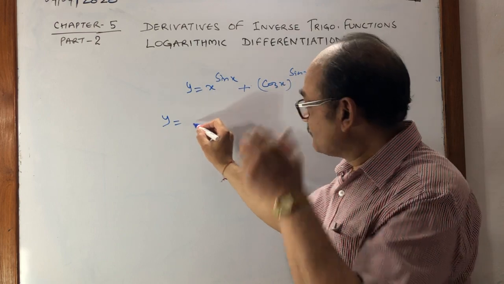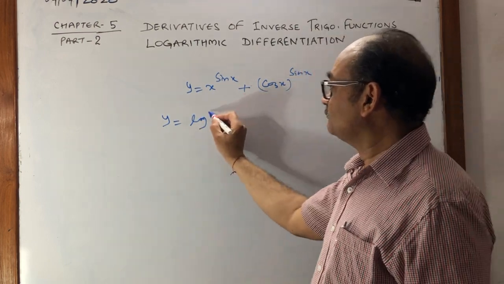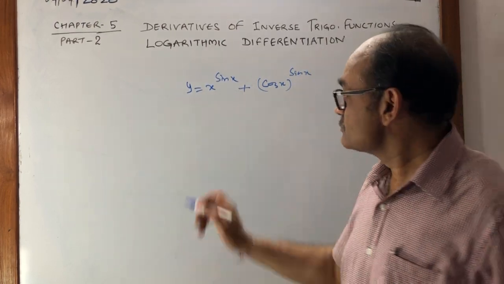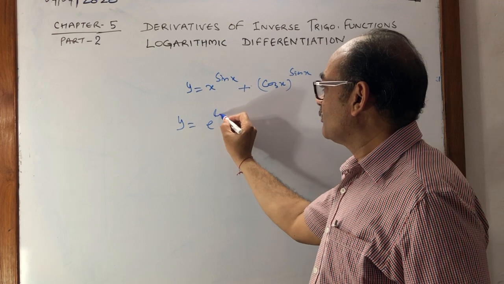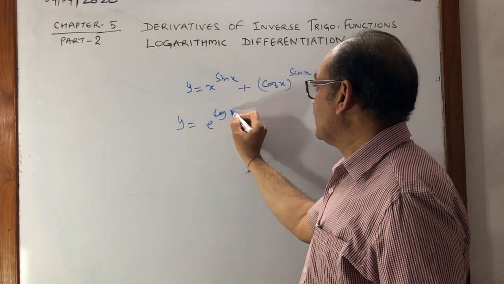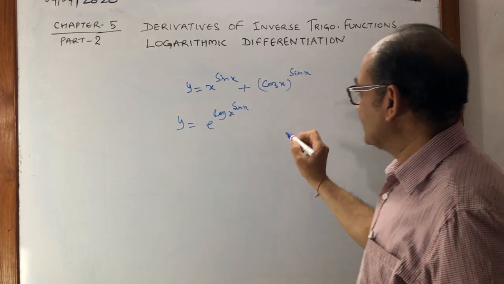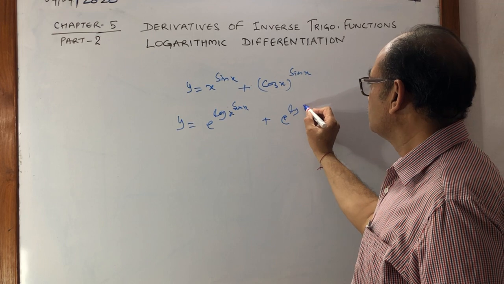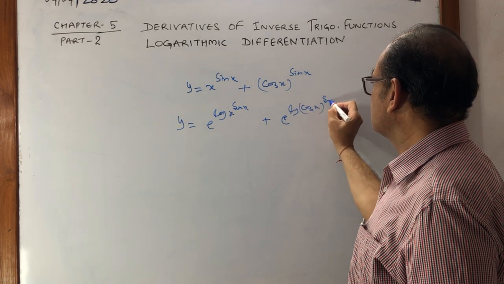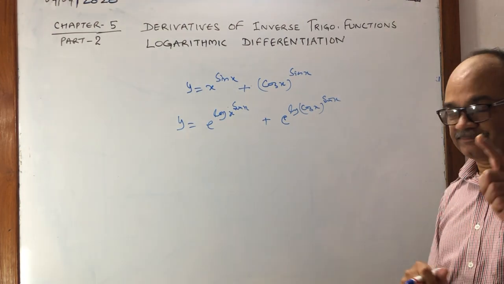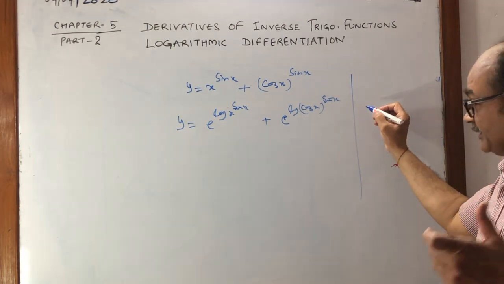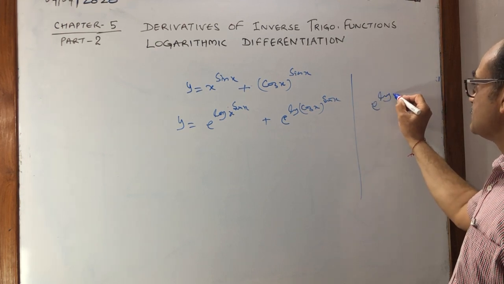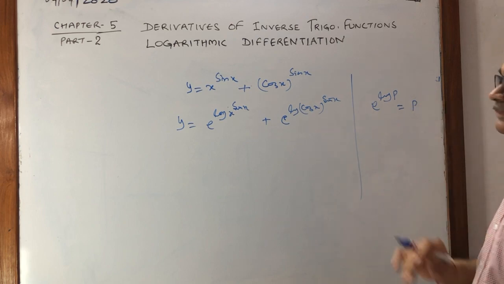We can write it like this, y equals e to the power log x sin x, and this we can write as e to the power log cos x sin x. Why? The reason is very simple. You can quote it because e to the power log p is nothing but p.